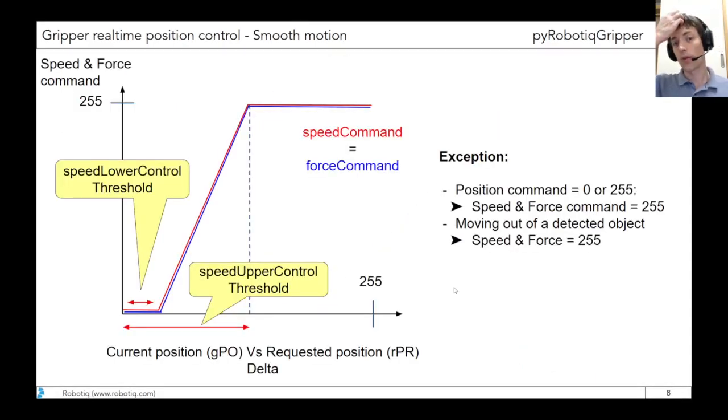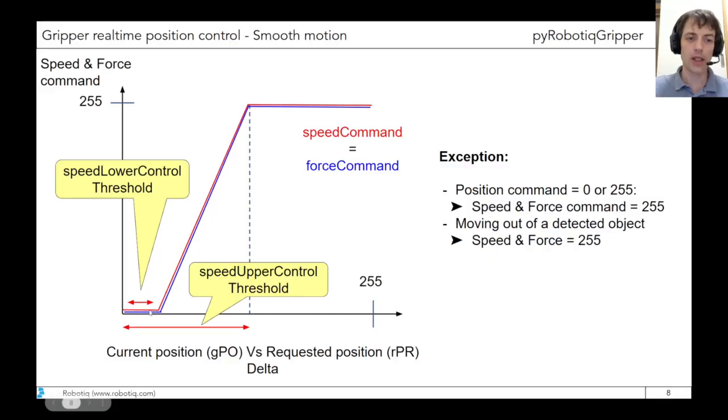So then, about the control of the speed and the force. It's what I explained before. The speed and the force are set with the delta between the current position and the target position. If the delta is quite low, if we just have a little delta, then the speed and the force will be 0. So when you make a small little motion, the speed and the force will be 0.